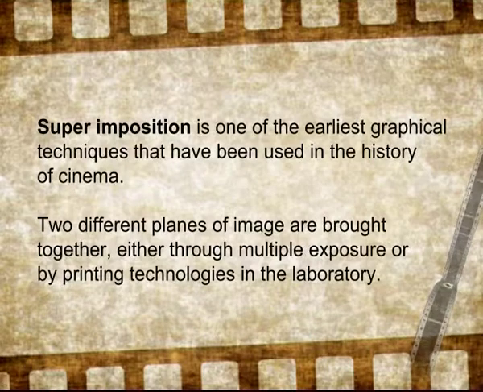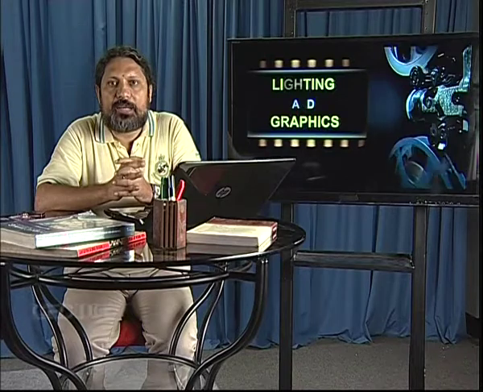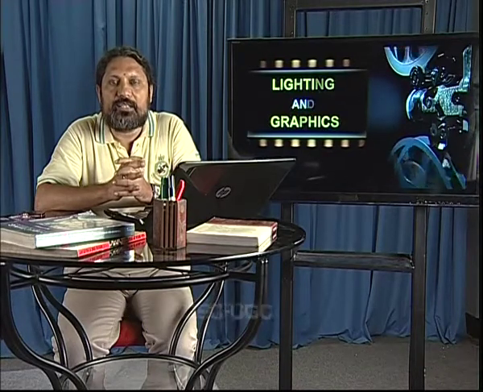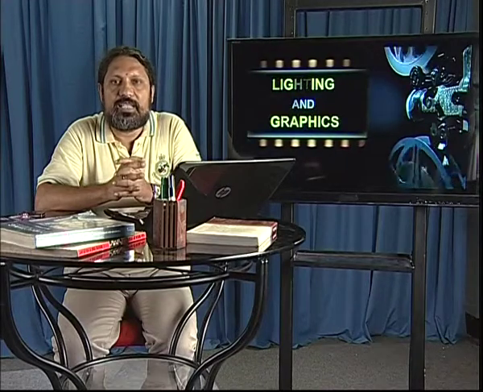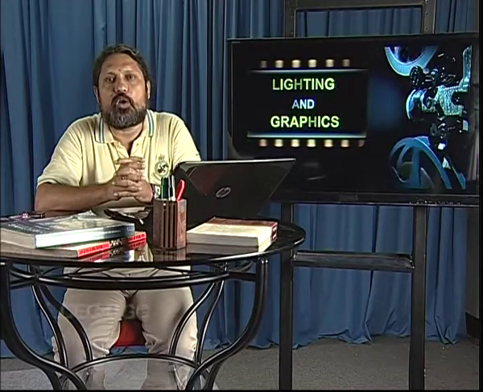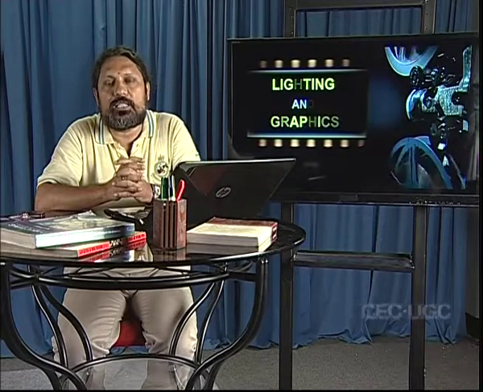Two different planes of image are brought together either through multiple exposure or by printing technologies in the laboratory. Projection methods and matte processes are much more complicated and elaborate processes that are used to create composite shots and bring about a graphical quality to the image.